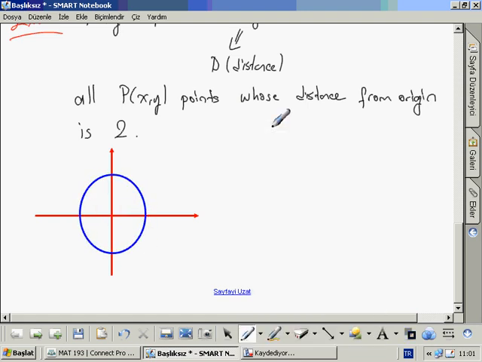As you see, this is minus 2, this is plus 2, and this is minus 2, and this is plus 2, this is x-axis, this is y-axis, and this circle satisfies this equality, which is x squared plus y squared equals 4, which is also called the circle equality.